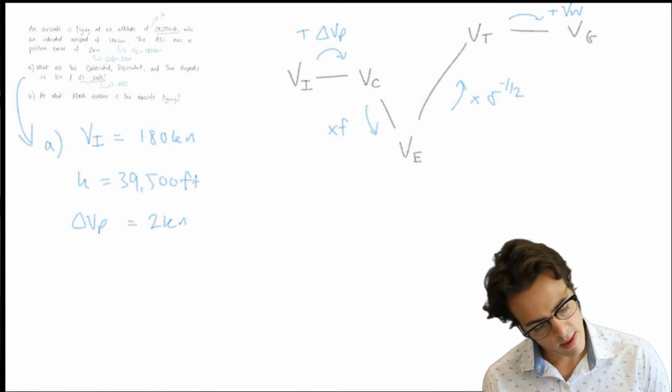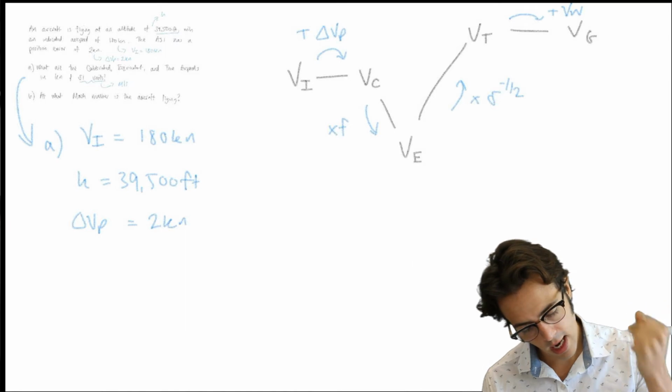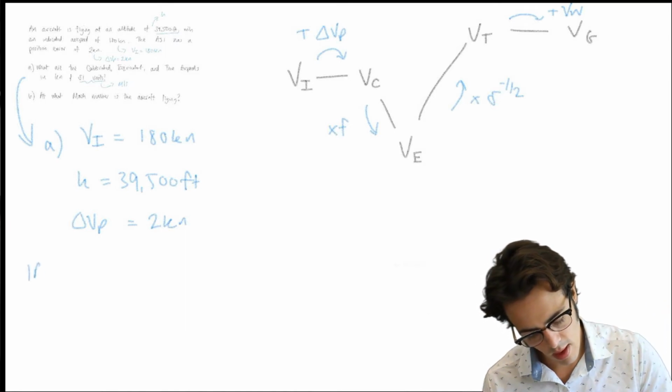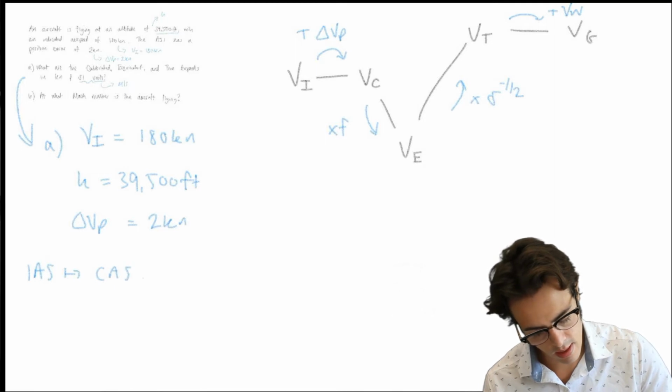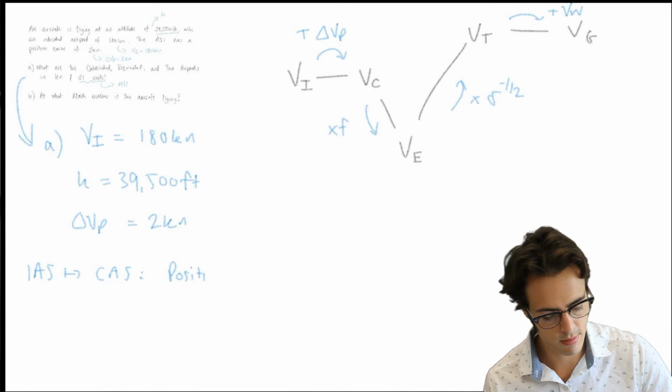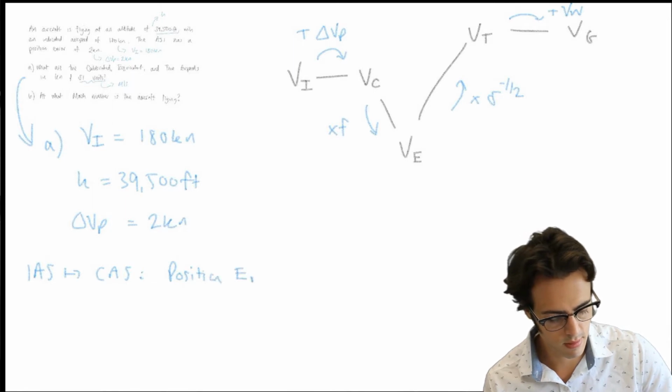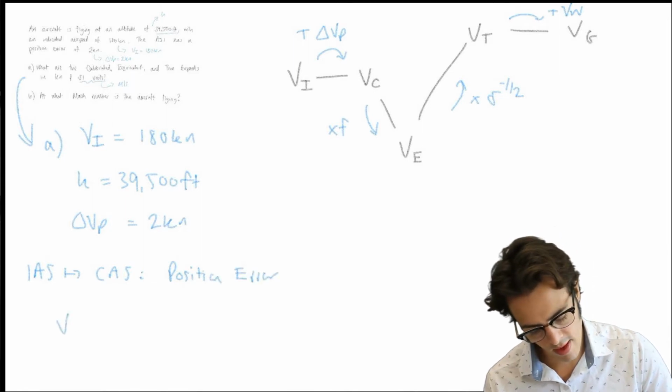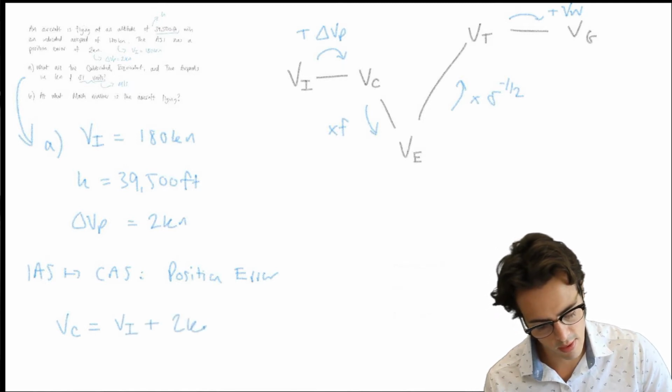So the first step is to get calibrated airspeed. So indicated airspeed to calibrated airspeed. We're going to do the position error. So VC is equal to VI plus 2 knots.